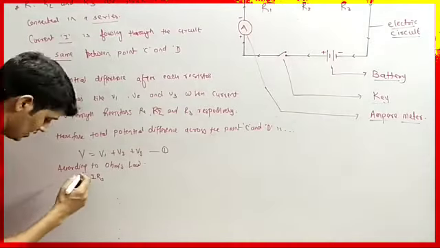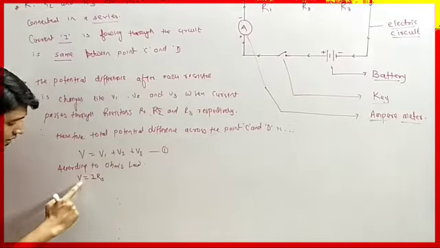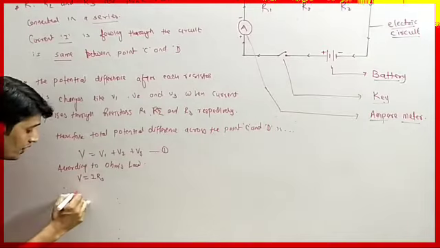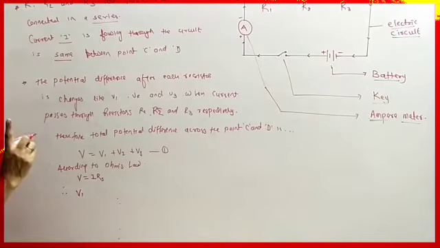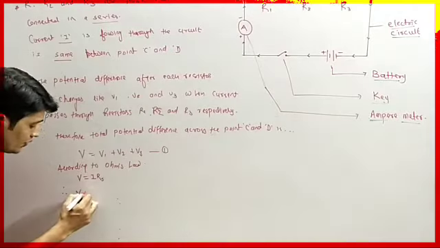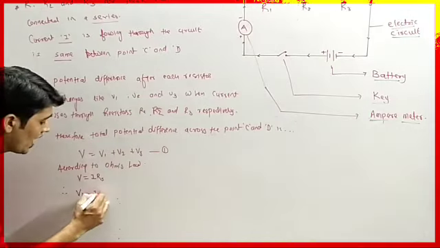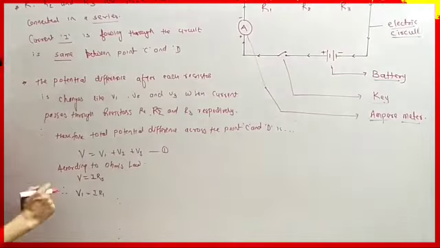So according to Ohm's law, V equals I Rs. Therefore V1, the potential difference after the first resistance, is V1 equals I into R1, because I remains the same throughout the circuit.